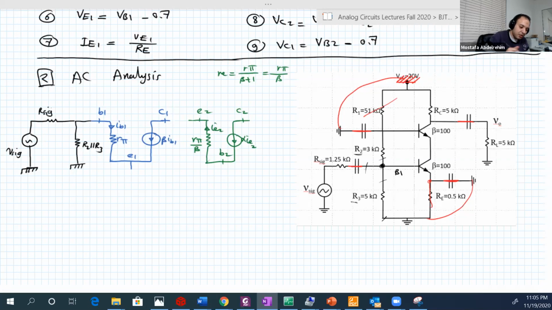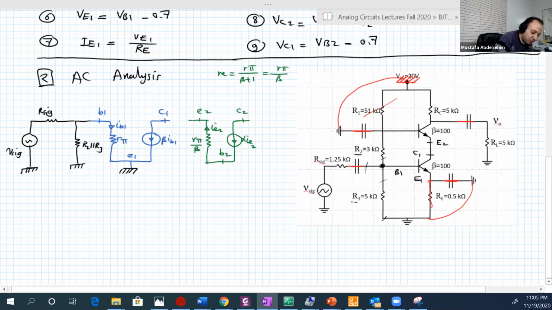Now emitter 1. Emitter 1 here is just connected to ground, so that's very good. I mean, usually when the emitter is connected to ground, it makes your life easier. Now collector 1 is actually connected to emitter 2. So just connect them like this. That's it. Very, very easy. Base 2 is connected to ground.